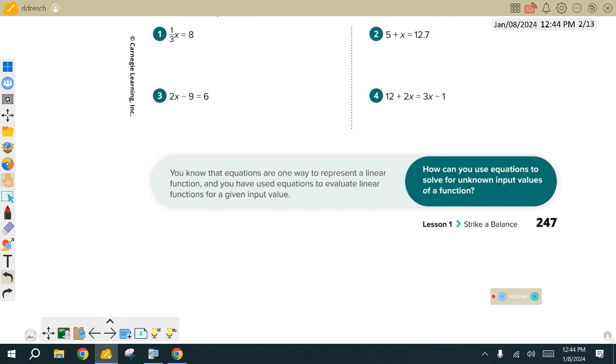Please show number 3. So what's the inverse of minus?